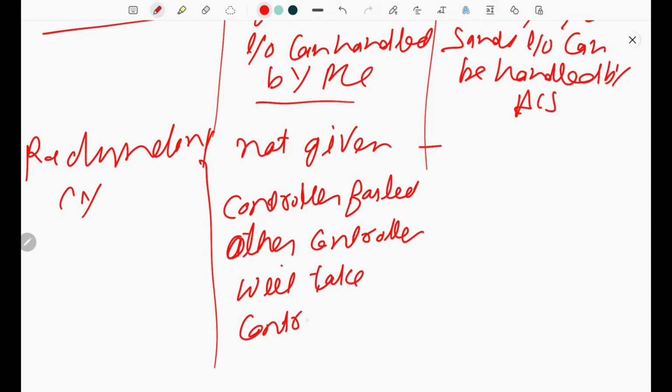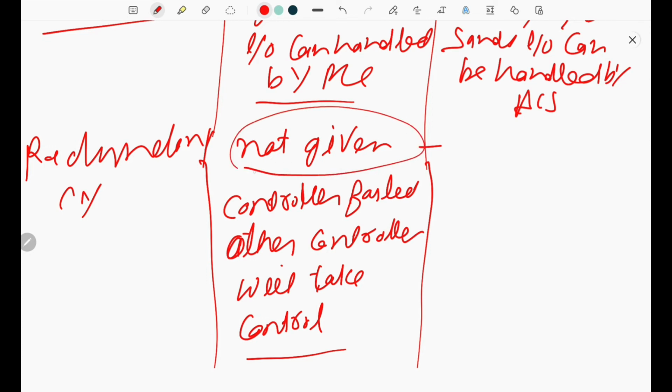Means your process will not be disturbed when one controller fails, then the controller configured in redundancy will take all the control of your process. So this is the redundancy.